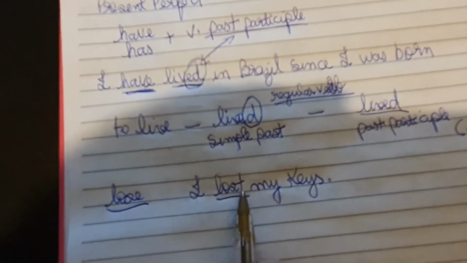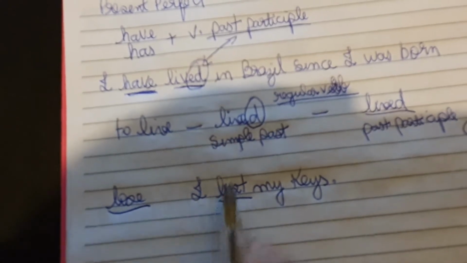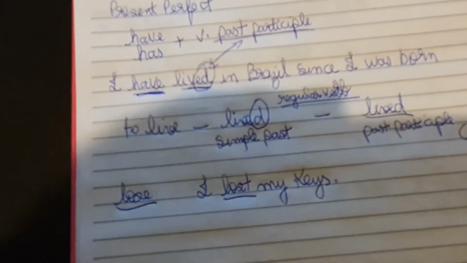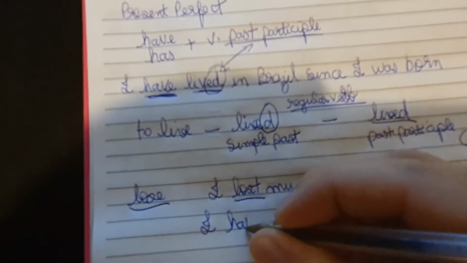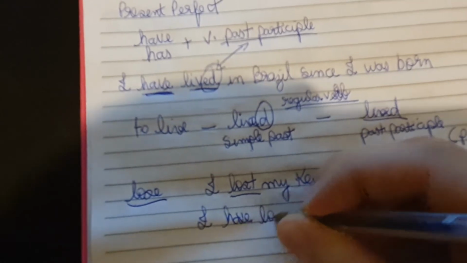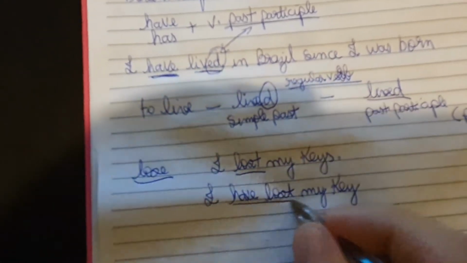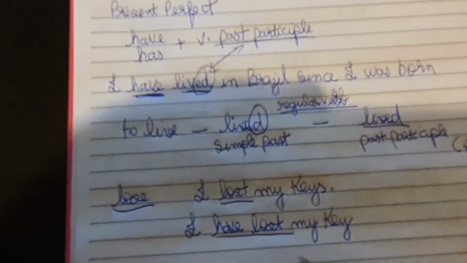Lost is an irregular verb. It's an irregular verb because you don't add ed as with the verb to live, okay? So I have lost my key. So it's different. I have lost my key.